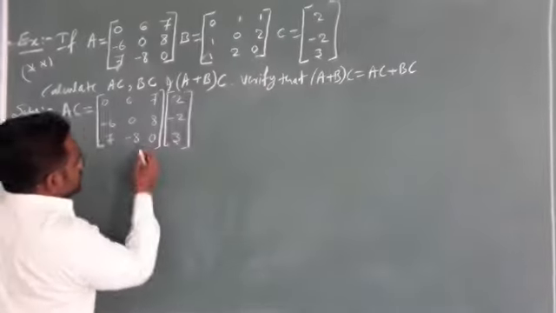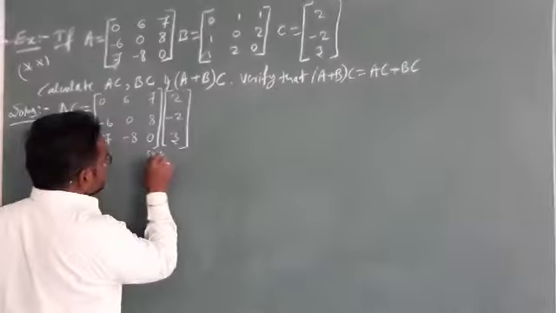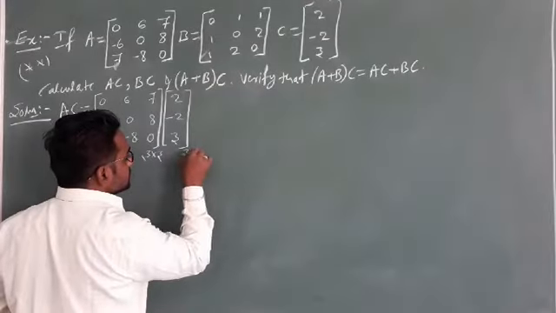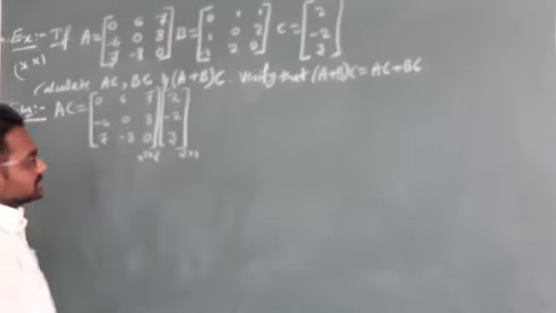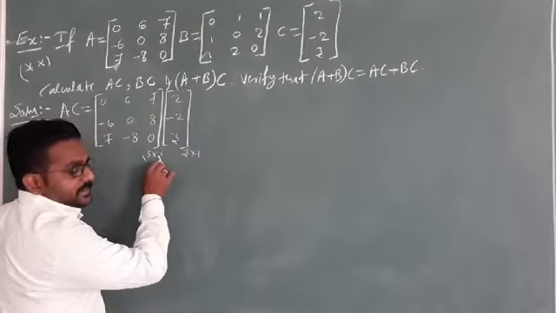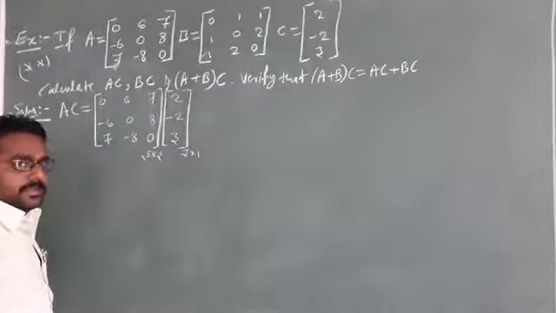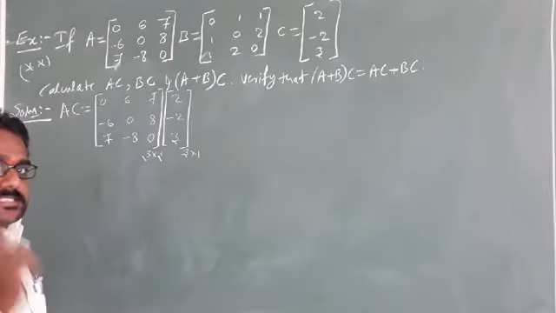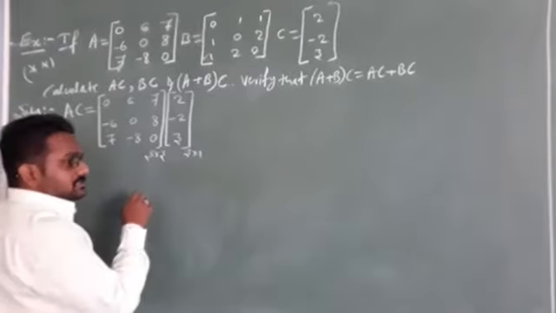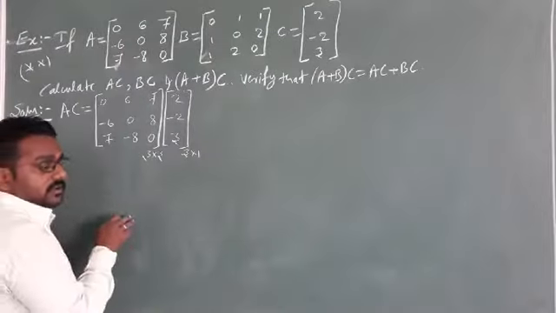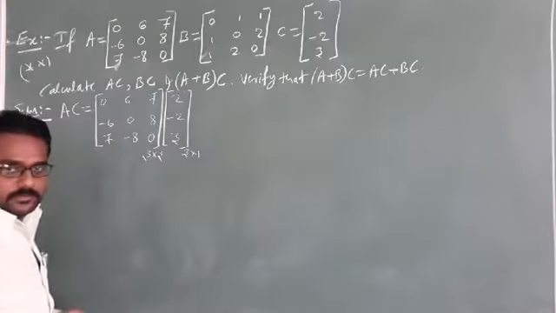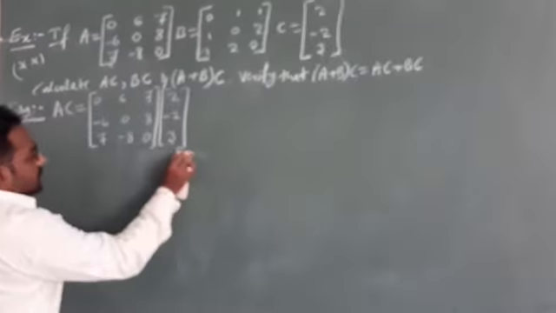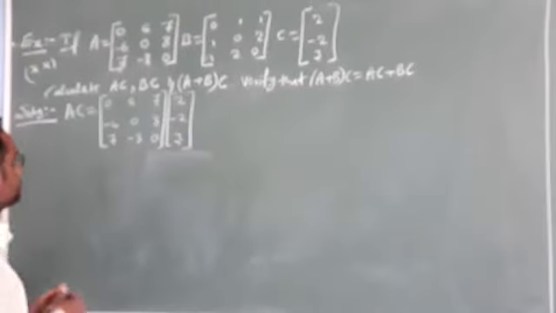The matrix A is a 3 by 3 matrix and matrix C is a 3 by 1 matrix. So the number of columns of matrix A is equal to the number of rows of matrix C. Therefore, the product AC is defined. The result of AC is of the order 3 by 1.